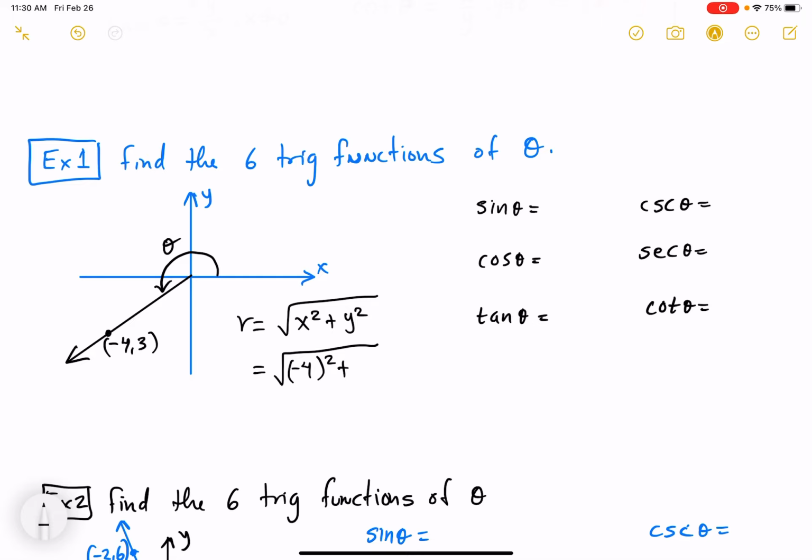In the third quadrant, both x and y are negative, so that should be negative 3. Negative 4 times negative 4 is 16, negative 3 times negative 3 is 9. So here the radius is 5, the distance from 0 to negative 4, negative 3 is 5.